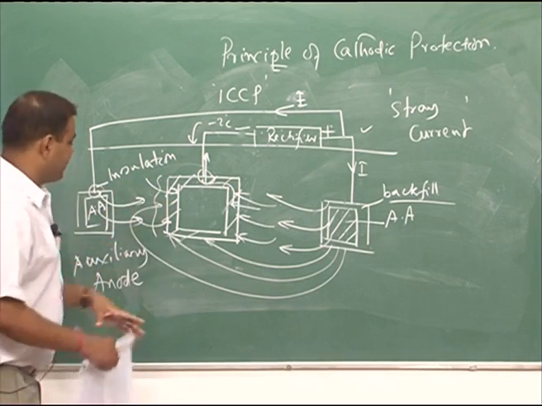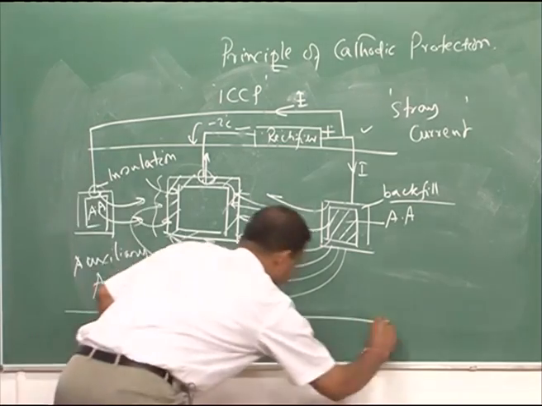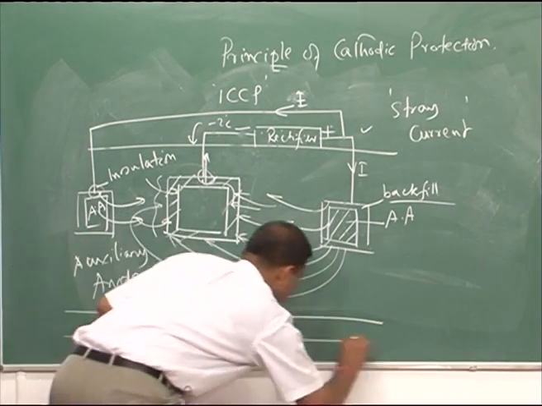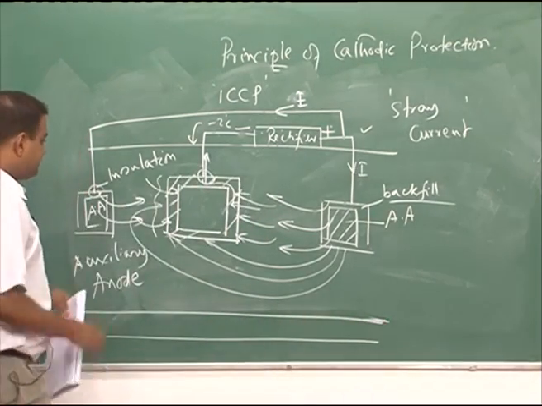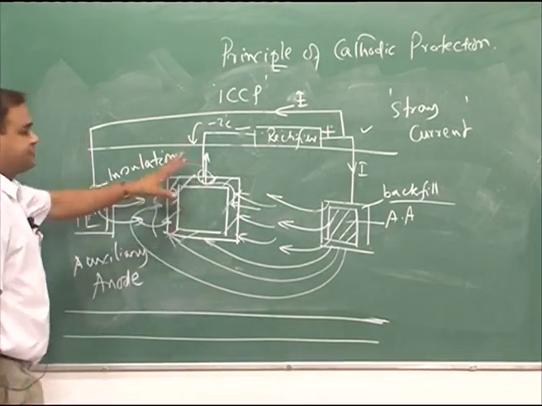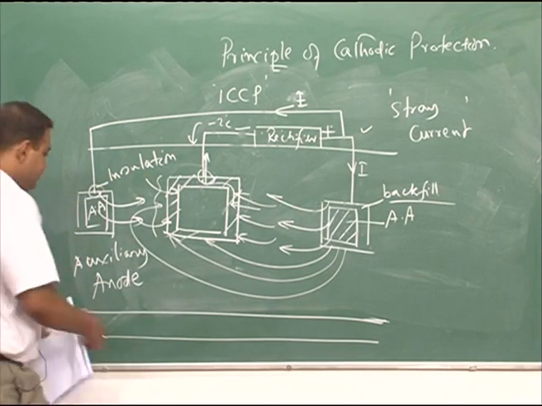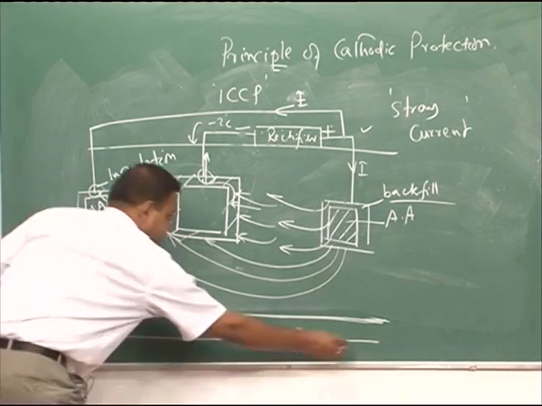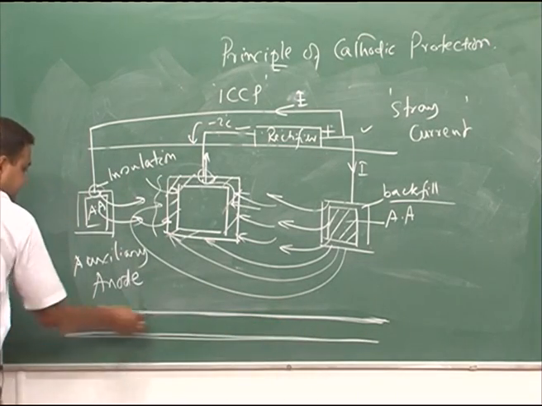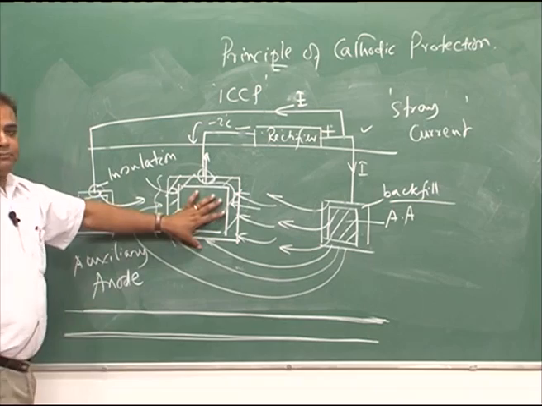Now, some other company has laid an oil pipeline just below this entire system. This is an oil pipeline laid by another company. Now, this is not protected by this system.